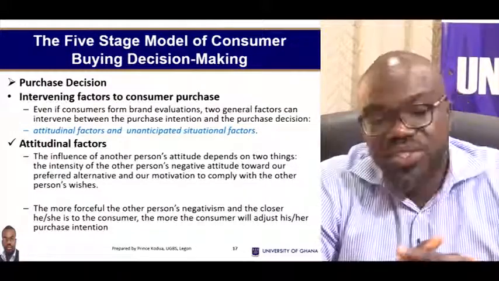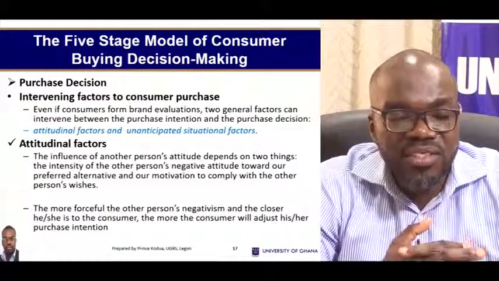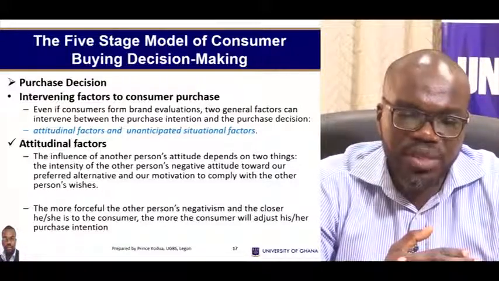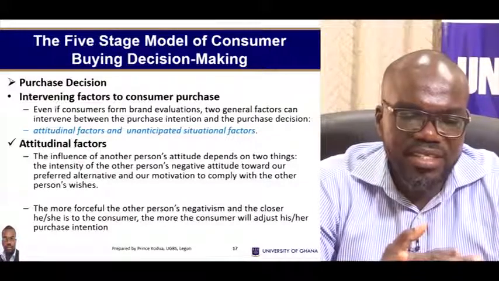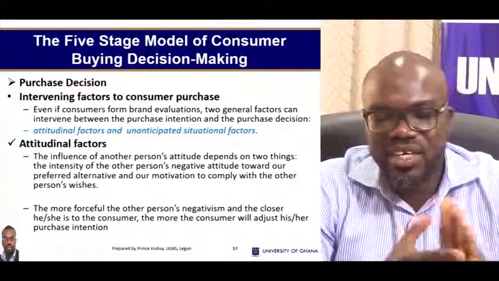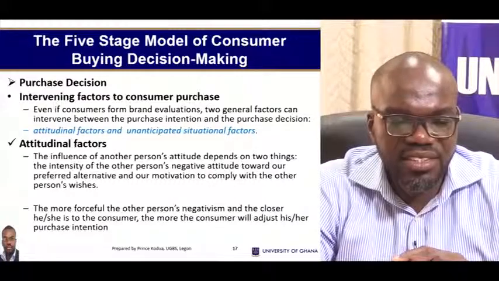Talking about purchase decisions, it's important that we recognize that there could be intervening factors to consumer purchases. And this, we can talk of attitudinal factors and unanticipated situational factors.